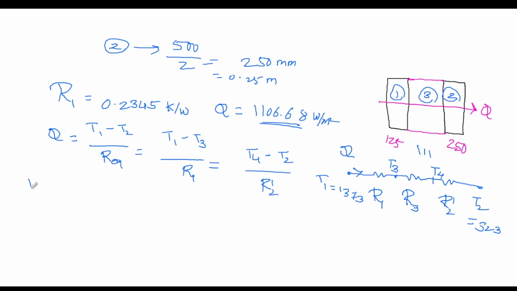We will take Q as 1106.68, which will be equal to T1, the value of T1 is 1373, minus T3. We don't know the value of T3, divided by R1. R1 is resistance 1, that will be 0.2345.